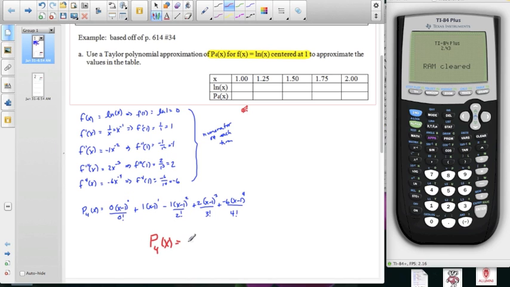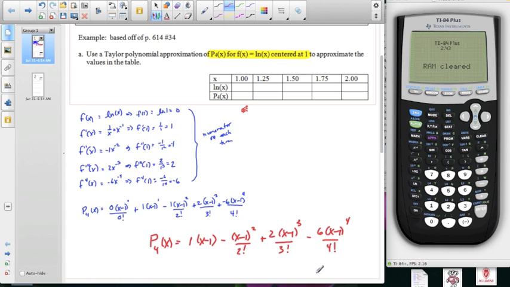So we have 0, and then we have plus 1 times x minus 1, minus x minus 1 squared over 2 factorial, plus 2 times x minus 1 cubed over 3 factorial, minus 6 times x minus 1 to the 4th over 4 factorial.